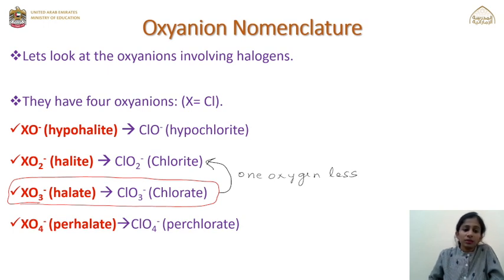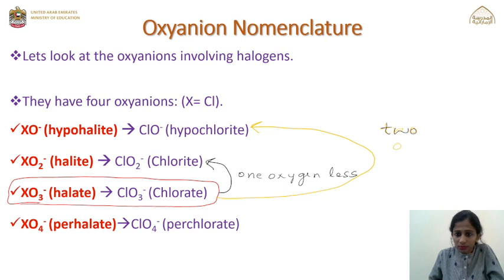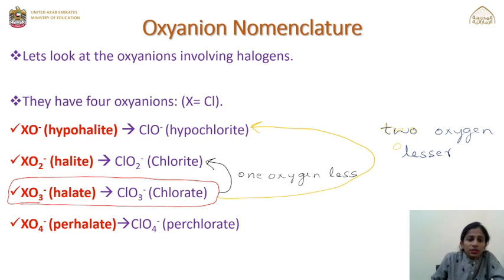From chlorate to hypochlorite, the difference is 2 oxygen less. From chlorate to perchlorate, the difference is 1 oxygen added.